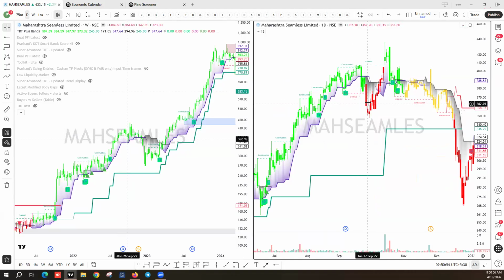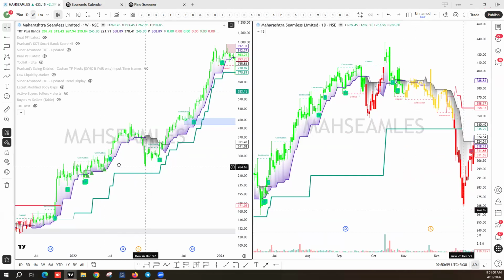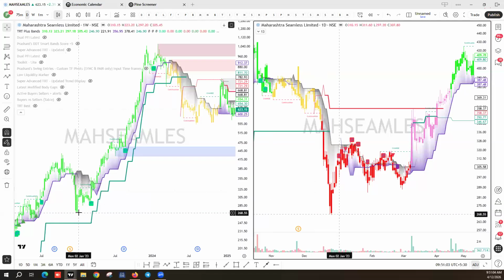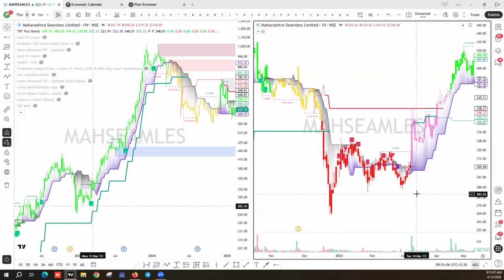This is what happens. Then again green, and then it turned red. So up to this, it is still green here, but red on daily chart. Is this what you are asking? Yes. So now, what is your question on this?